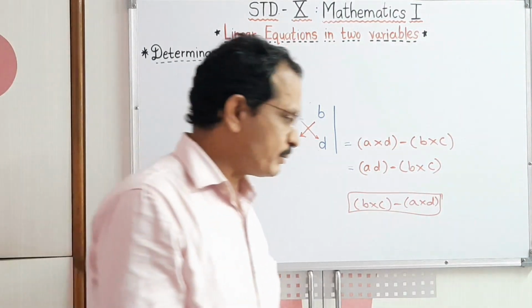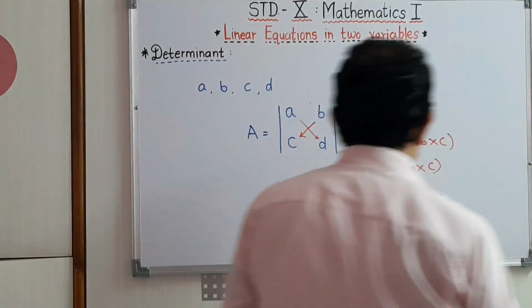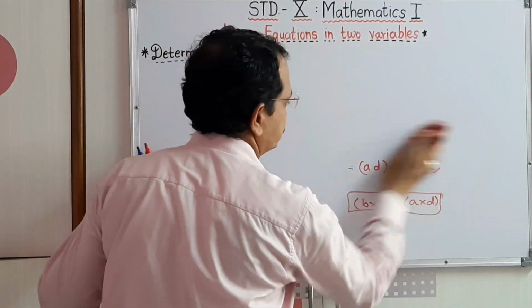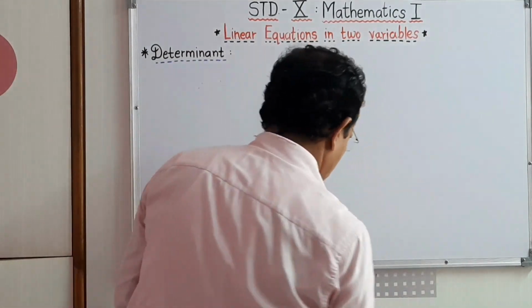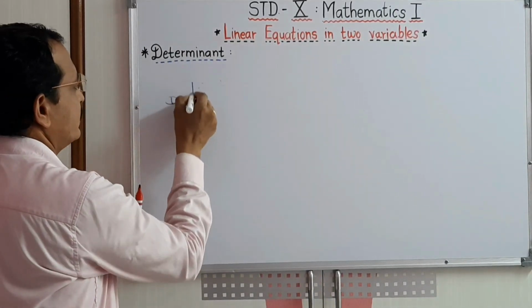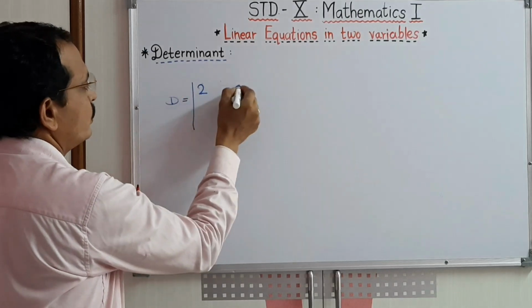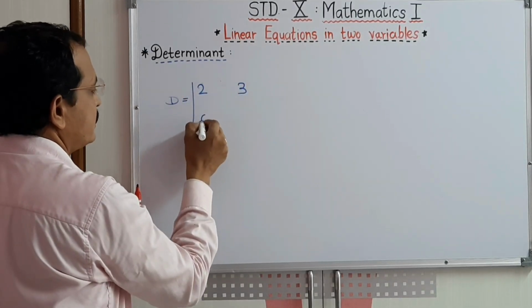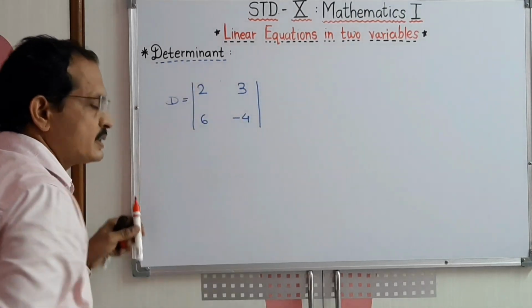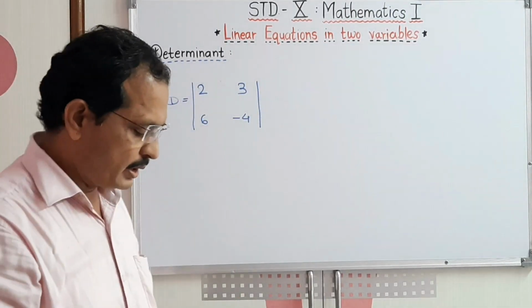Let's see one example. Suppose a determinant D is given, with 2, 3 in the first row and 6, minus 4 in the second row.